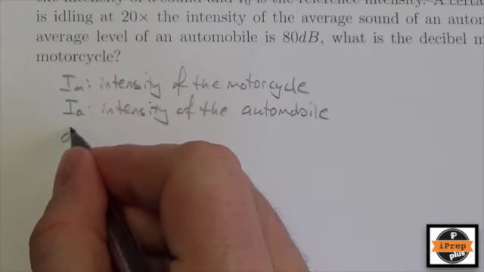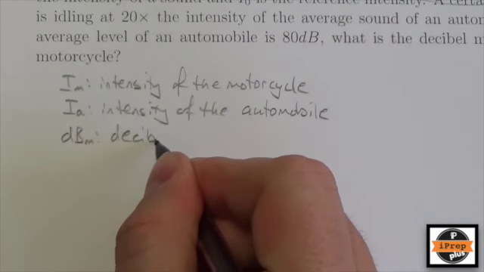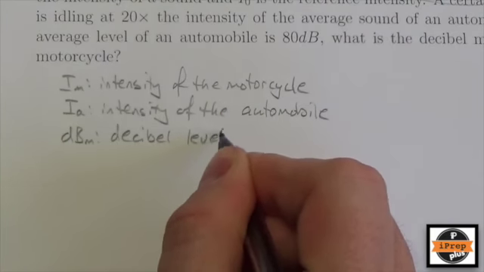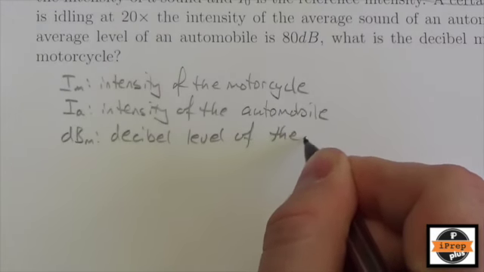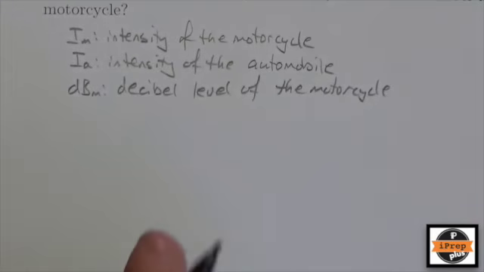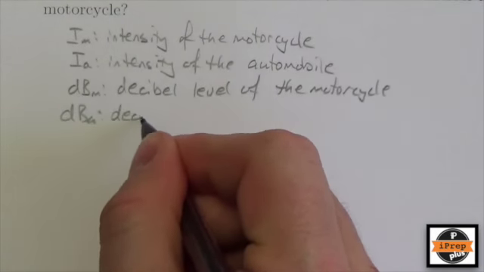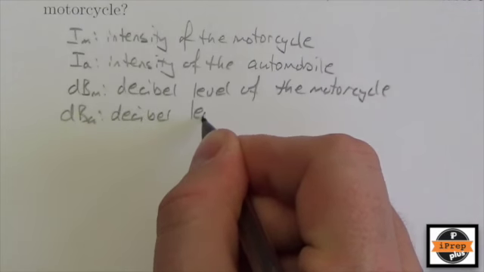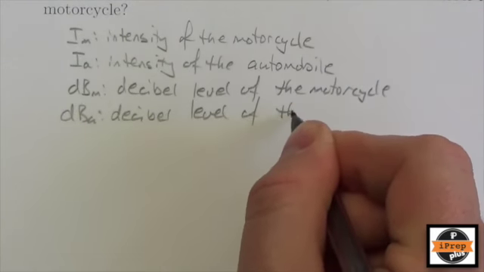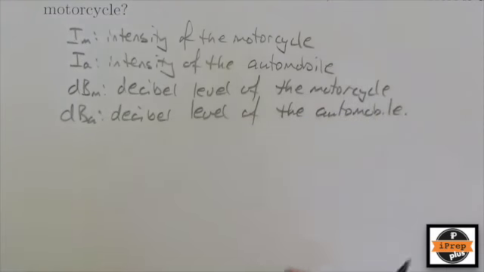Then we will have dBm, the decibel level of the motorcycle, and dBA will be the decibel level of the automobile. So those are the variables we're going to use here.